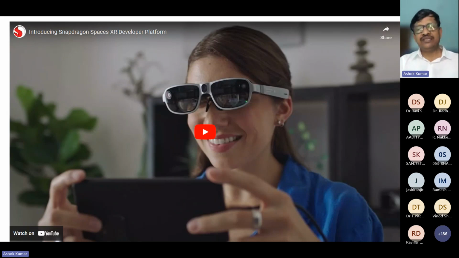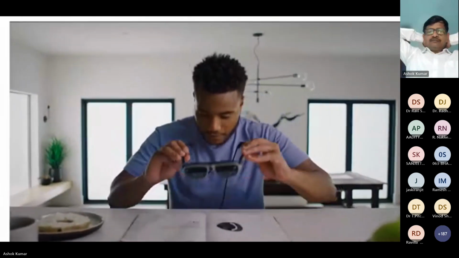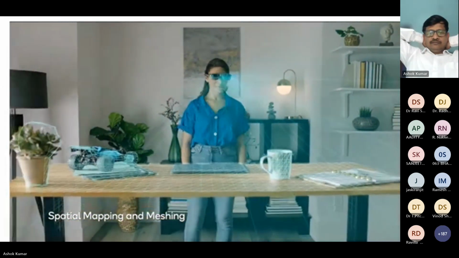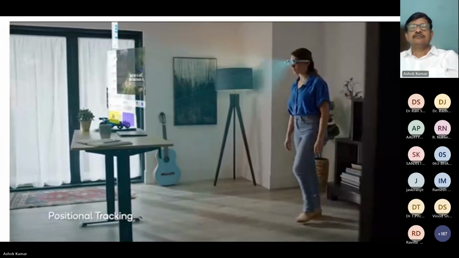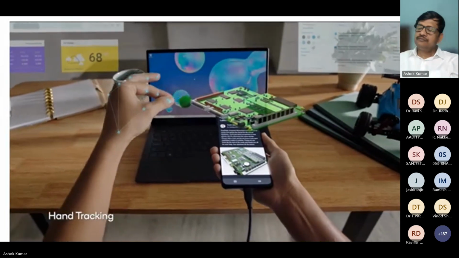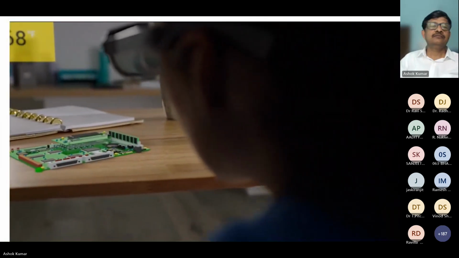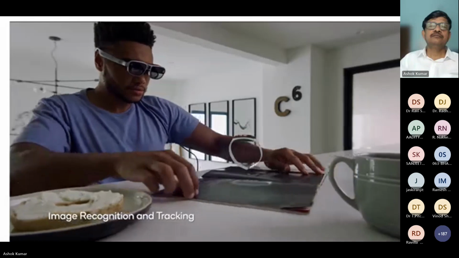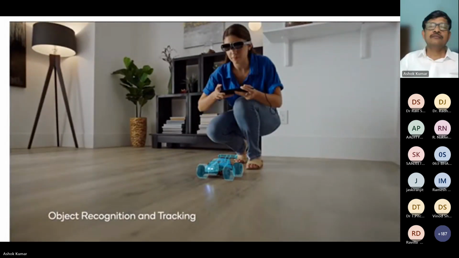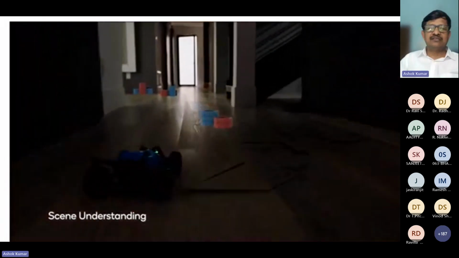This is just an example of how this mixed reality works, how physical and virtual worlds are mixed in this game.